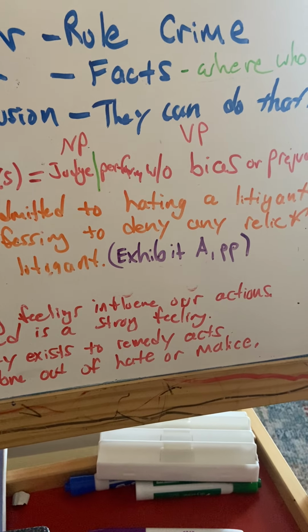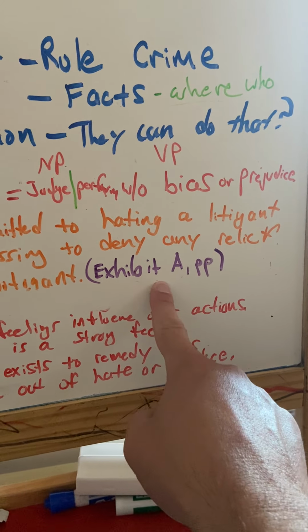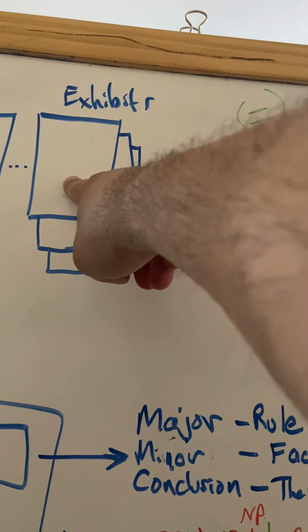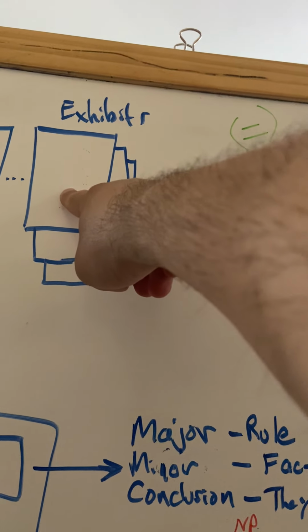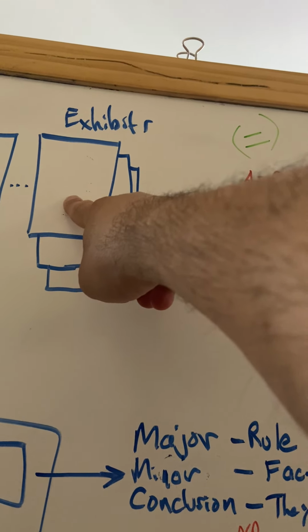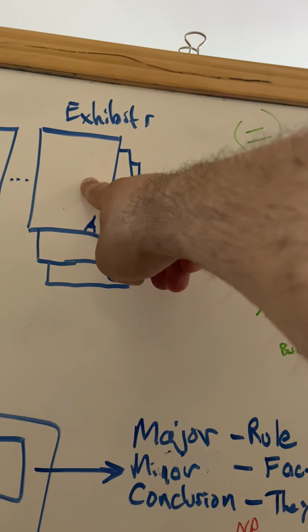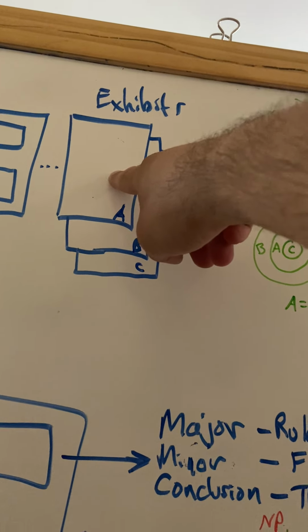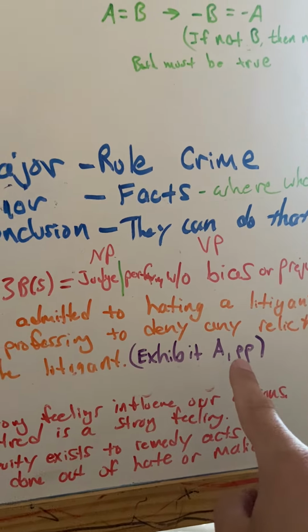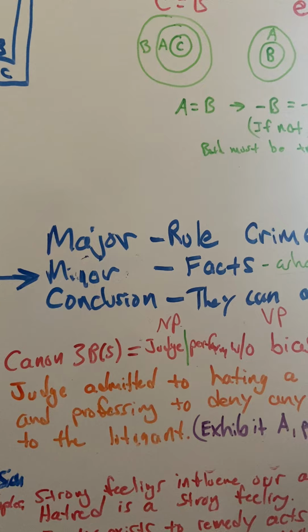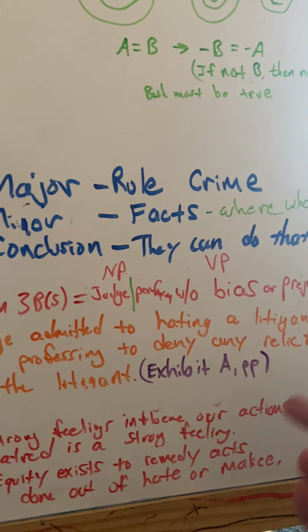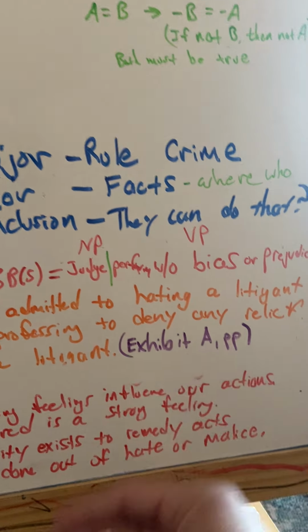So Exhibit A would be the transcript from an in-chambers hearing, or a threat somewhere in a bar or something like that. It would be the affidavit of the attorney or somebody else who witnessed it, with a notary signature and everything. You would tell the judge what page you're relating to, because there might be an entire transcript, like 5 pages. Just tell the judge, go to page 2, paragraph 5, sentence 10, so they can go find it.